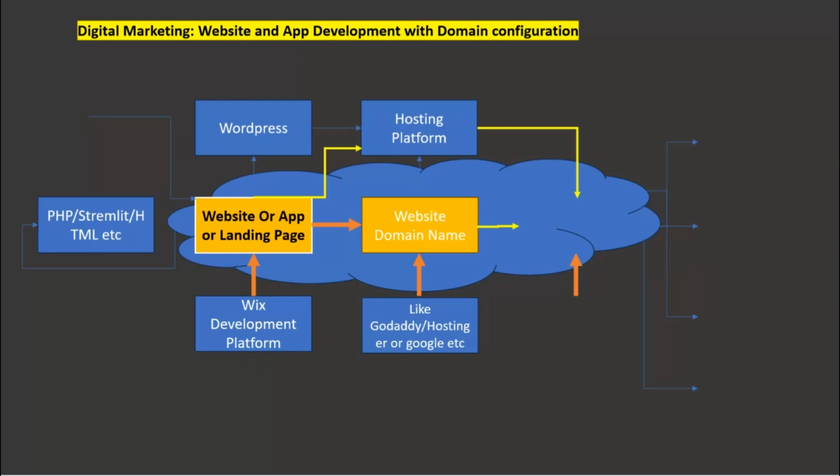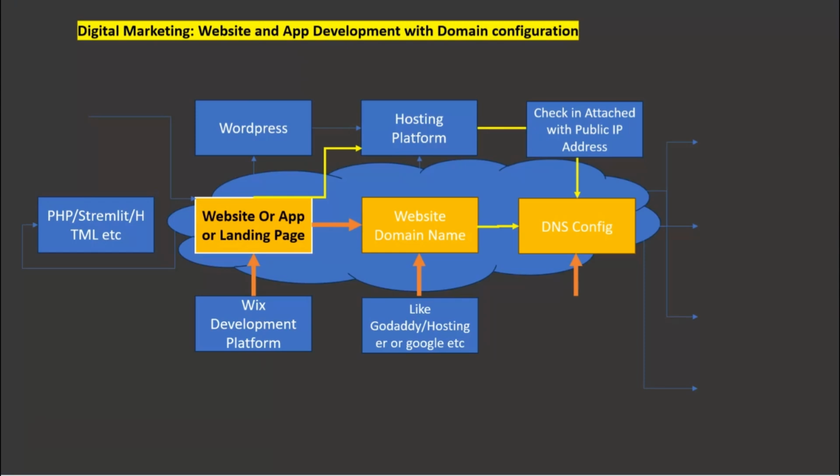Once it is done, you have to link your website domain name with your DNS. DNS means it is one IP address. If you're a technical person, you must be knowing an IP address is a system number. We are generating it using zeros and ones to identify a particular network, a particular website on the internet.